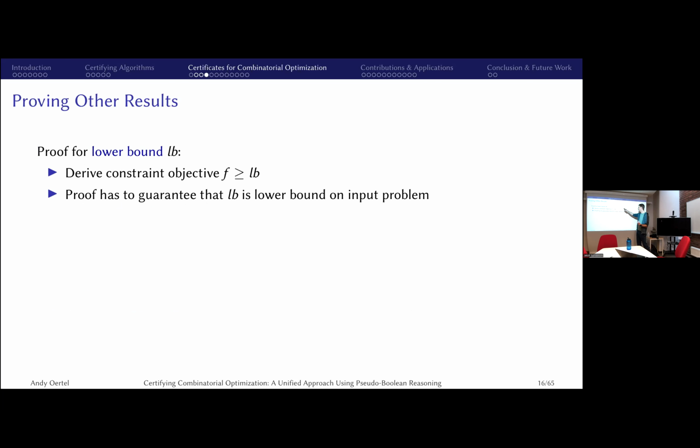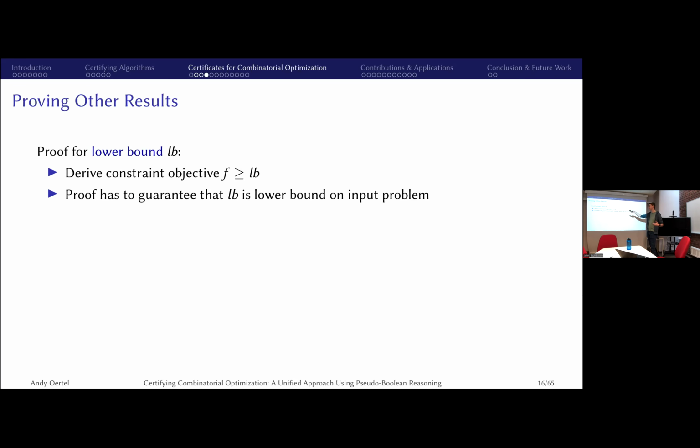This basically guarantees us that this LB value is a lower bound on the objective. So our proof system has to guarantee that the lower bound derived at any point is also a lower bound on the input problem.